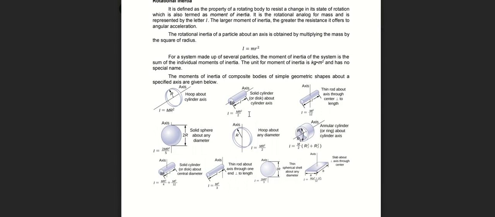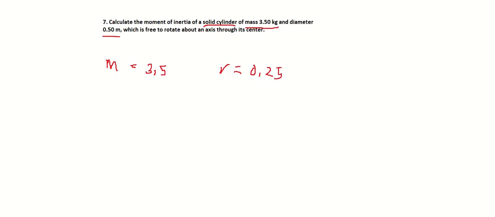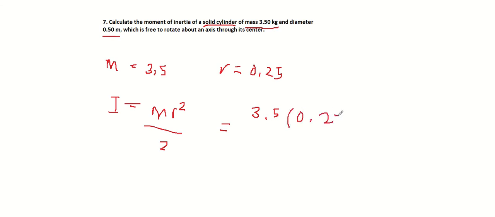I is equal to m times radius raised to 2 over 2. Pwede na tayo magdiretso. Mass natin is 3.5 times sa radius na 0.25 raised to 2 divided by 2.